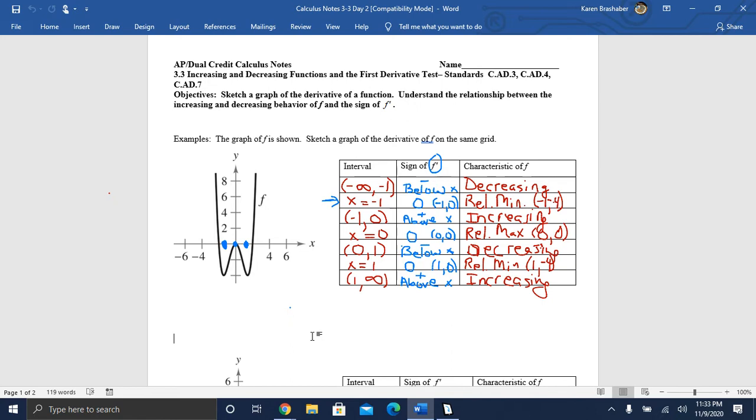And now we're going to sketch the rest of the derivative based on the location of it being either above or below the x-axis. So the derivative from -infinity to -1 is supposed to be below the x-axis.